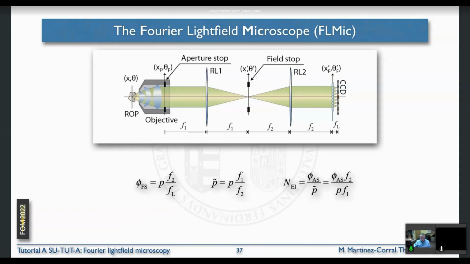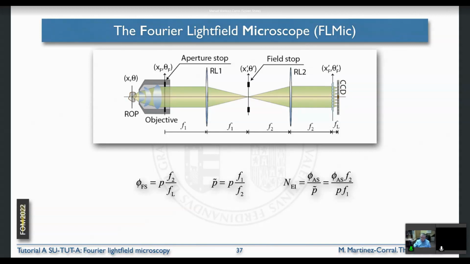So this is this equation, okay? And this is fixing. You have to fix that in order to avoid the overlapping between the elemental images. And this is fixing the field of view here. Second equation: here we have the pitch.